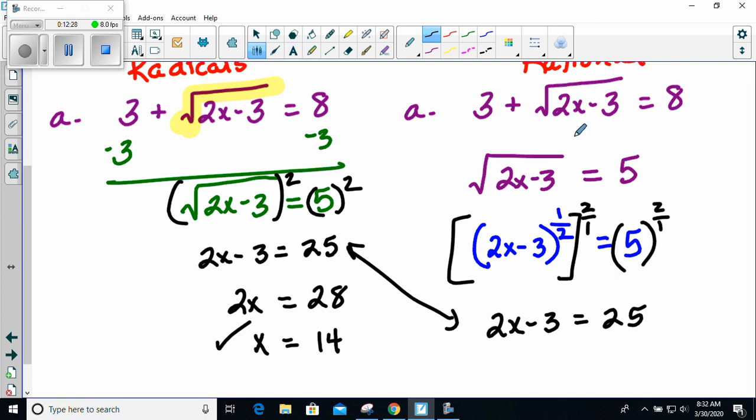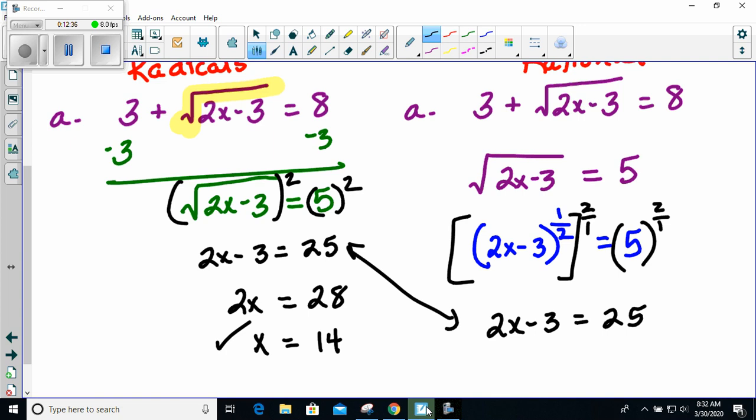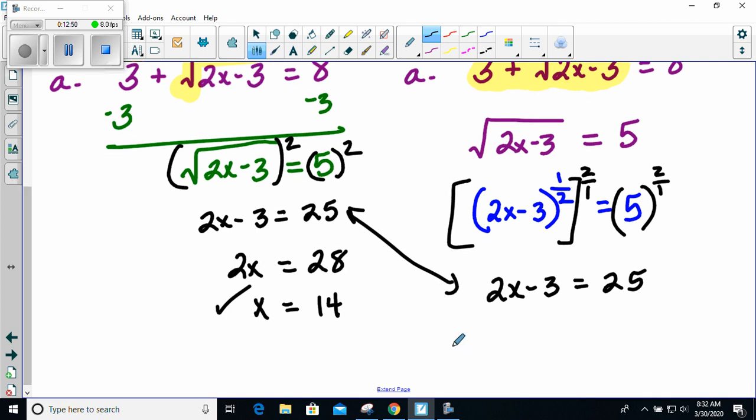Now, without further ado, I do want to show you how to do this on Desmos. Alright, in Desmos, we've got our equation right here: 3 plus the square root of 2x minus 3. I don't know if you've ever been shown how to do this on the 83 or 84, but I'm going to take one side and set it equal to y.